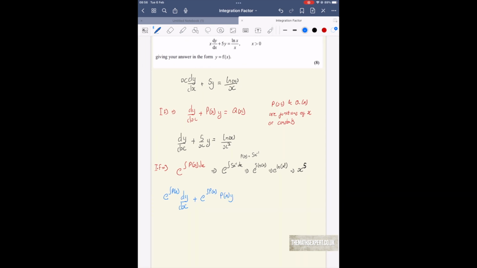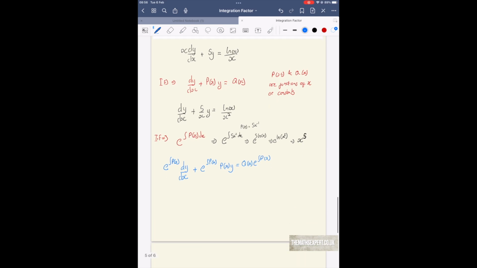I'm going to just write it out first. And then equals q of x. Sorry, I'm just going to put this on the other side. They figured out that this is the same thing as the derivative of e to the integral of p of x times y. Okay?